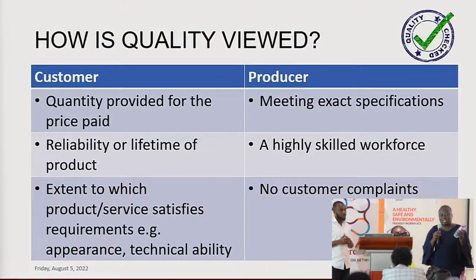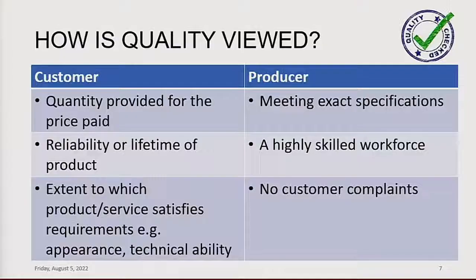Does it do exactly what I'm telling you it does? And then from the manufacturer's perspective, quality can be viewed as a highly skilled workforce. In order for me to give you quality, I should be able to employ the right people for the right job. And also, for producers, they view quality as when they do not receive any complaints from their customers.